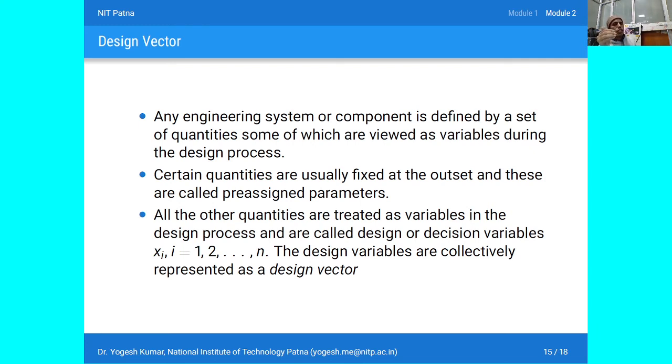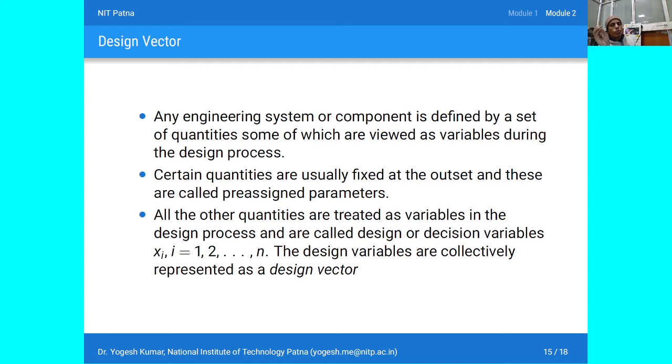Next, in this module 2, we have the design vector. Any engineering system or component is defined by a set of quantities, some of which are viewed as variable during the design process.